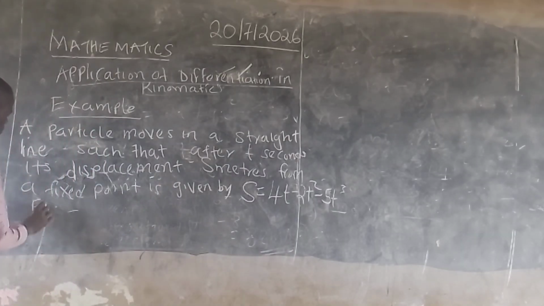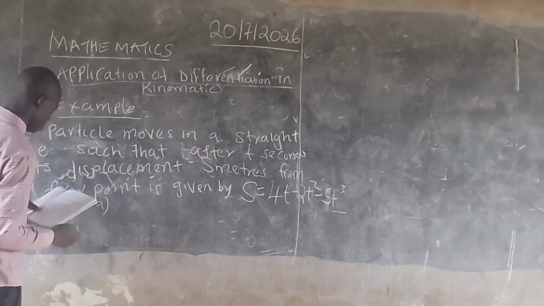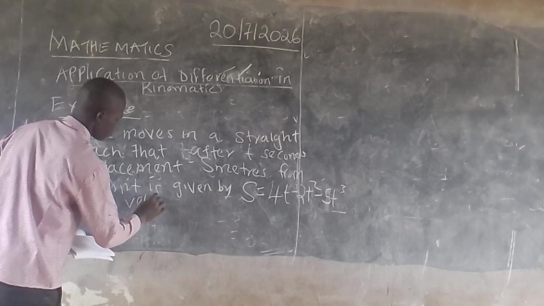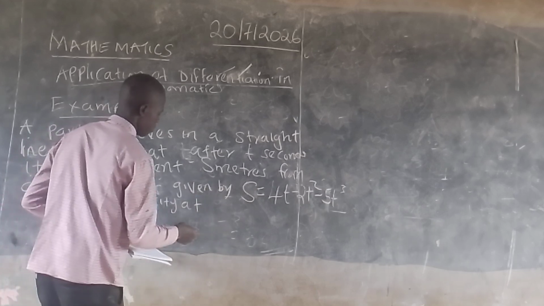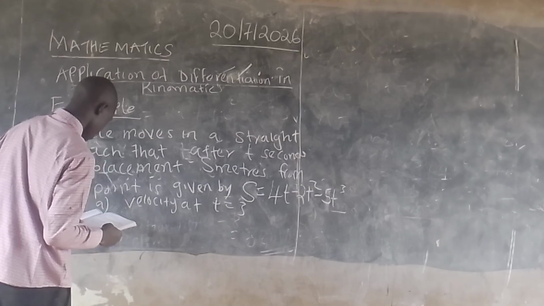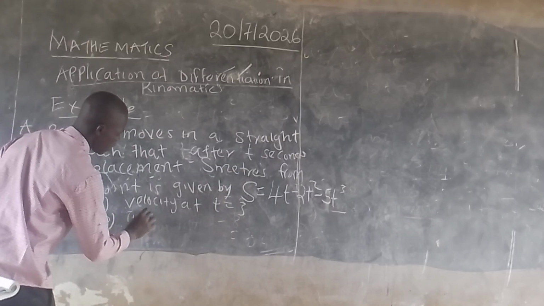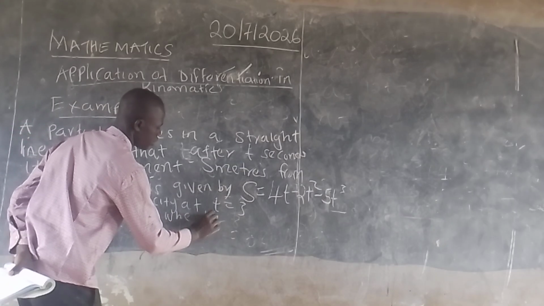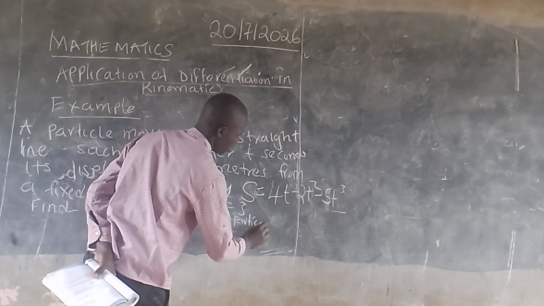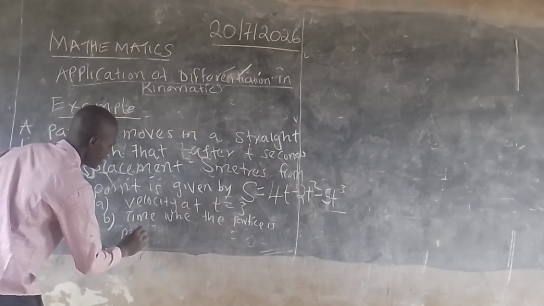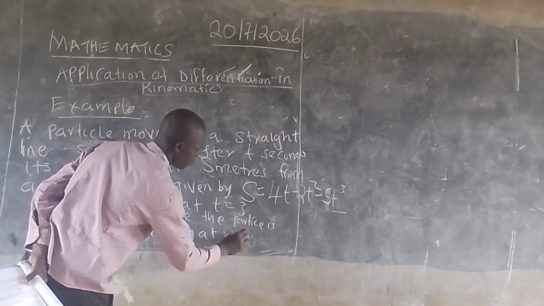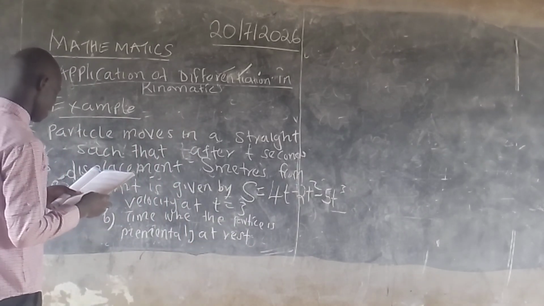Find part A, velocity at t equal to 3. Part B, time when the particle is momentarily at rest.